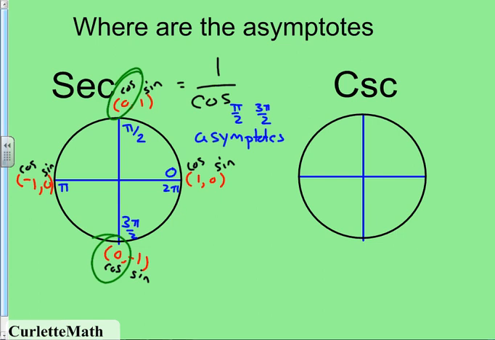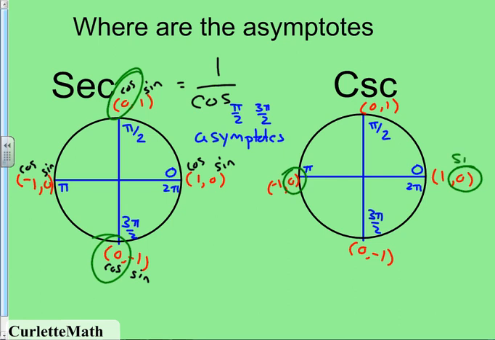So what's going to happen with the cosecant function? Let's label out real quick our coordinates here as well, and again our radian values. Remember, our sine is going to be that second value inside the parentheses.